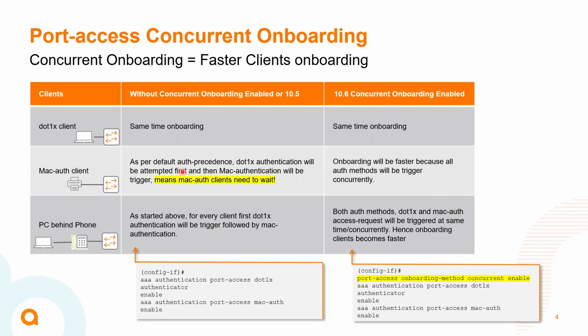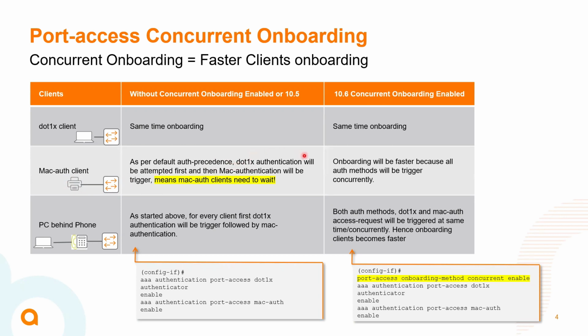So as you see on the screen, the .1x client, when it connects on an AOS-CX switch, because of the auth precedence, will take the same time whether you enable client concurrent onboarding or not. But if you have a client like a Mac client connected to an AOS-CX switch, because of the auth precedence, first, even though it's a Mac auth client, the first auth precedence will attempt .1x.